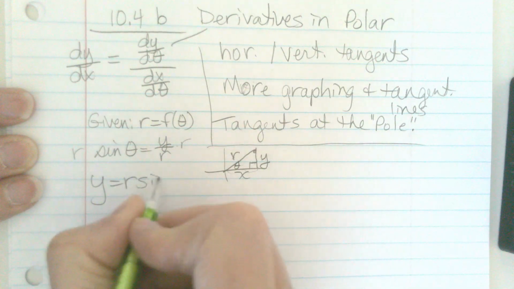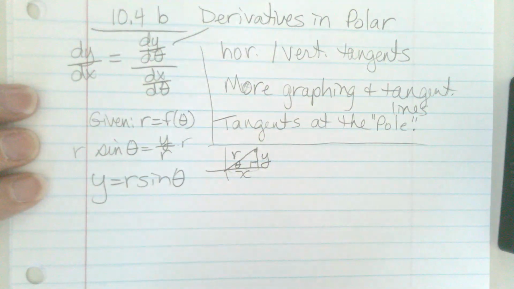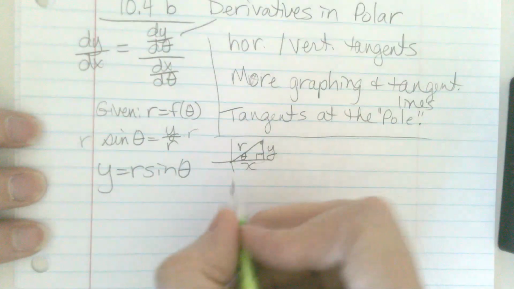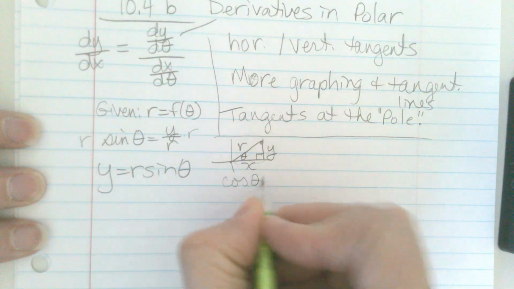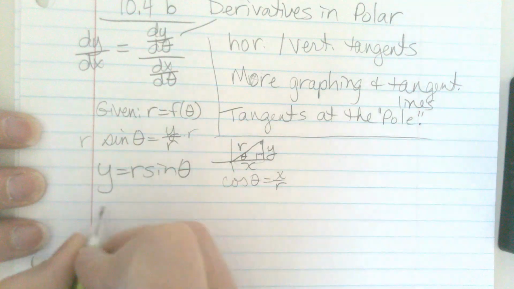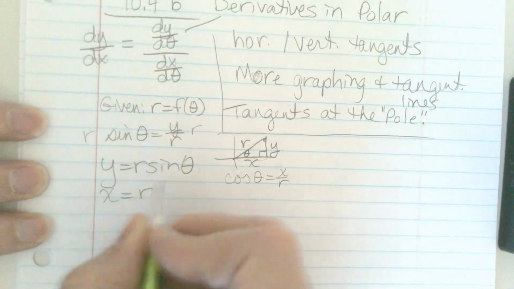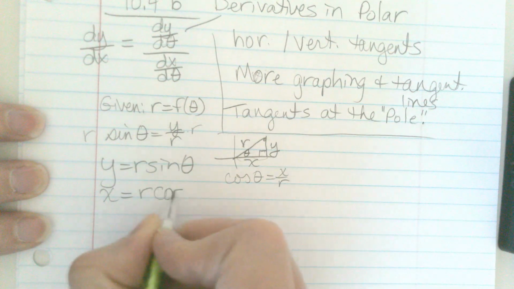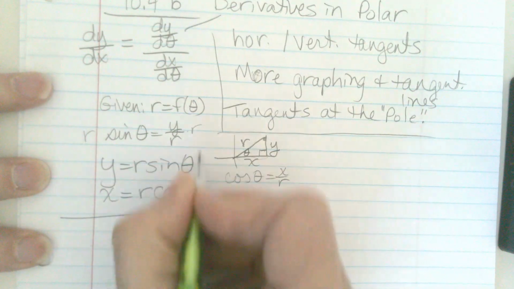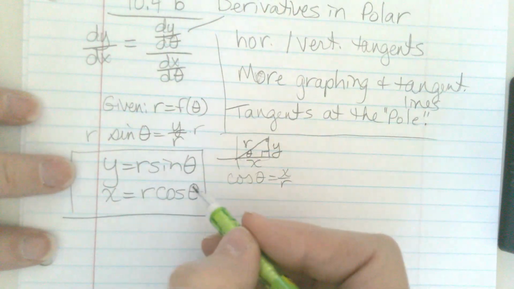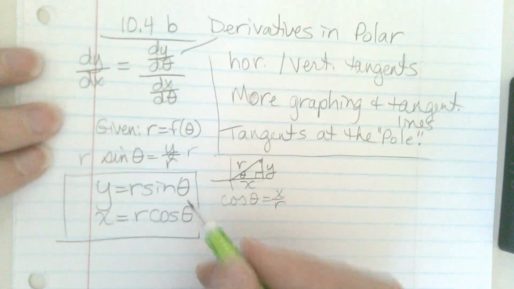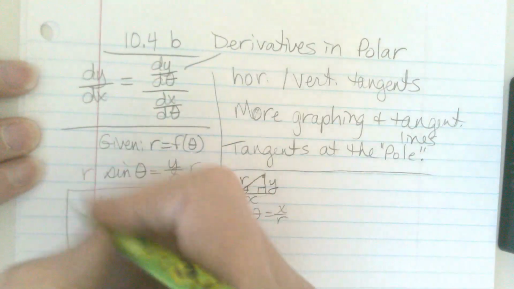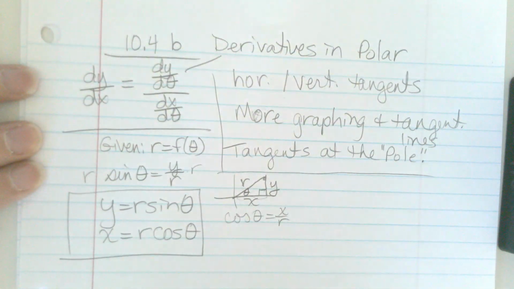r sine theta. Did we do these notes the last time? Okay. And then cosine of theta is x over r. So what does x equal? r cosine theta. So using these two conversion formulas, so to speak, that's what we use to do dy dx.